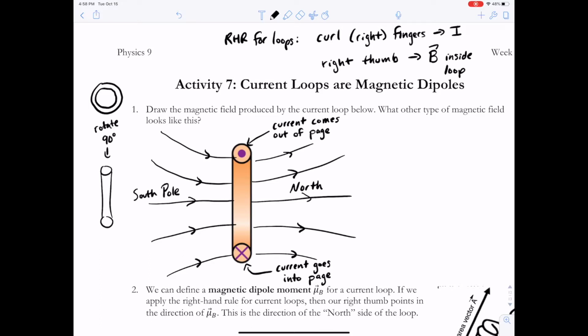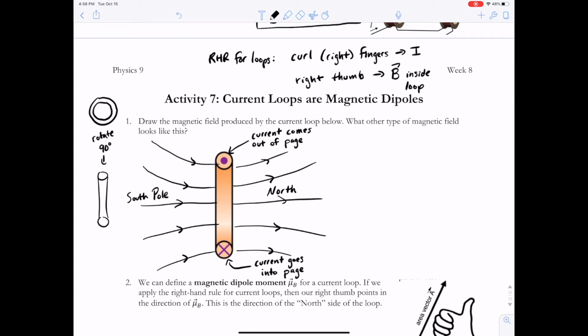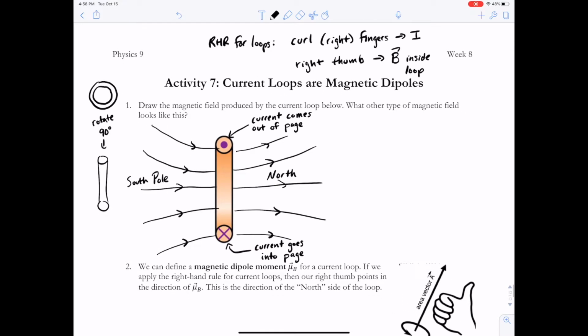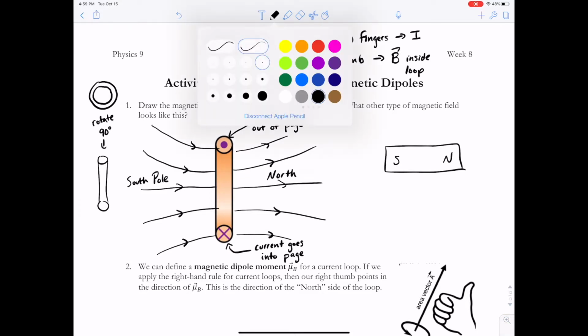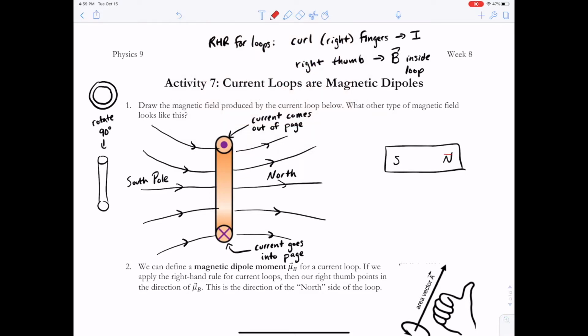So it turns out that the magnetic field for a loop of current is very similar to the magnetic field of a bar magnet, where remember, if we have a bar magnet, here's our south pole, here's our north, our magnetic field lines exist in loops that leave the magnet at the north, go in at the south.